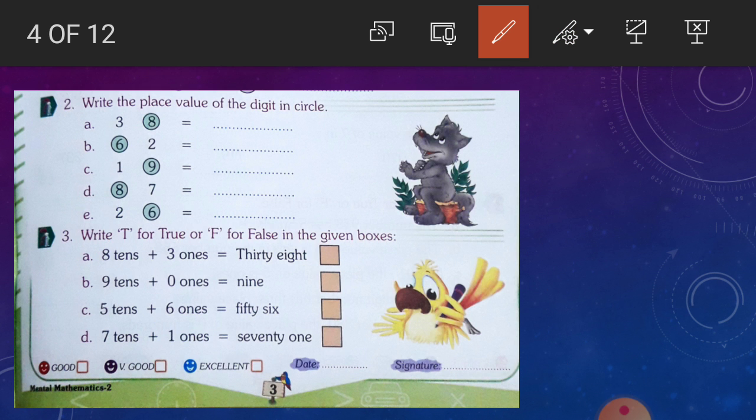Next, number C. 5 tens plus 6 ones, 56. 5 tens, 50, plus 6 ones. So 50 plus 6, 56. You can see 56 is written here. So this is true.